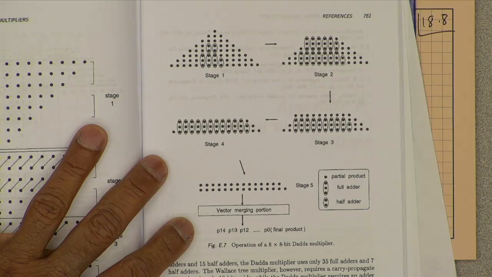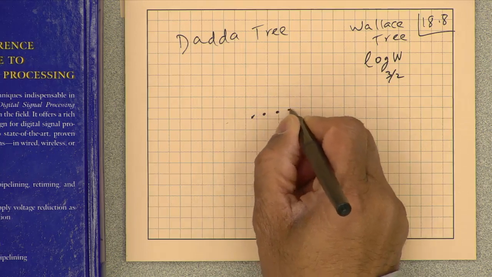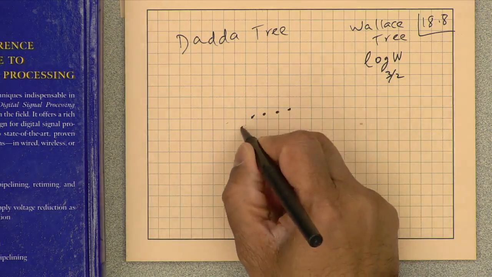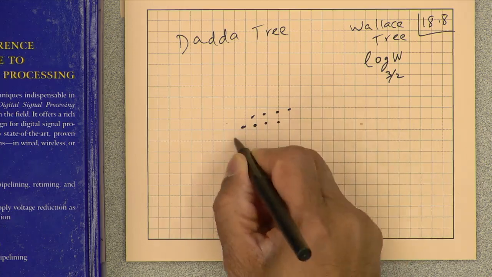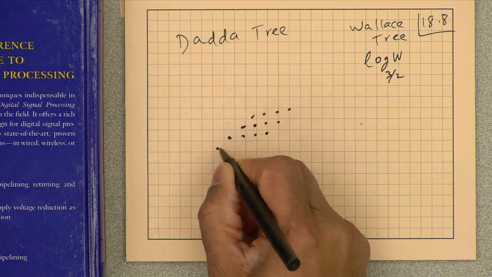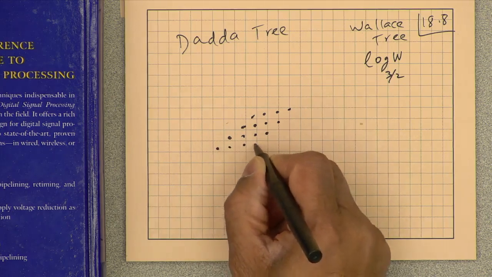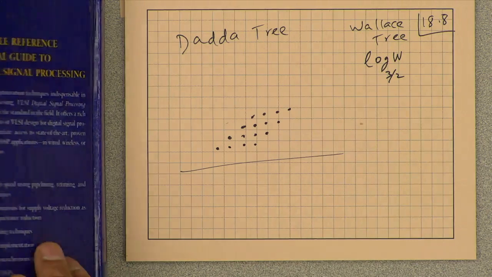Are you able to recognize that or not? Okay, let's take an example. Let's just for now think about unsigned, and let's not worry about sign extension and all those things. So let's say that I had a 4 by 4 multiplier, something like that.